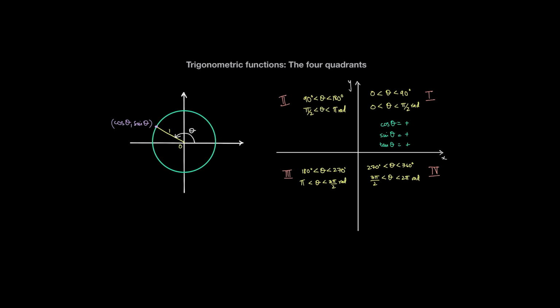Now the x-coordinate of the point on the unit circle is negative, since this point is to the left of the y-axis, but the y-coordinate is still positive. So for any angle theta in the second quadrant, cosine of theta is negative, the sine of theta is positive, and the tan of theta, the sine of theta divided by the cosine of theta, a positive number divided by a negative number, is also negative.